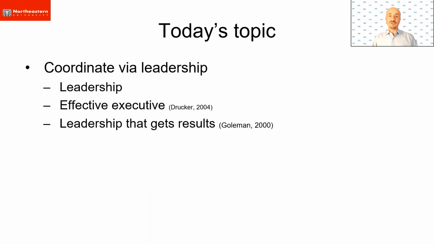From there, I'll move into two different approaches. The effective executive, which is an analysis of what good managers have, and then a story of leadership and mostly the emotional intelligence that good managers need to have in order to enable the achievement of goals in companies.